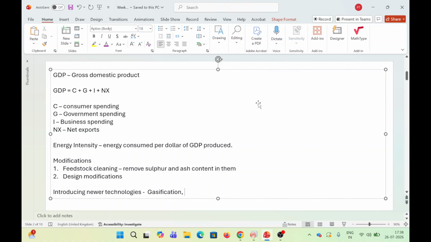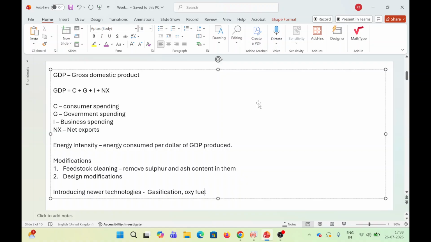So it's some sort of carbon capture that you can do through the gasification process, which may not be possible in case of combustion because of the excess air used for burning these fossil fuels to get energy.